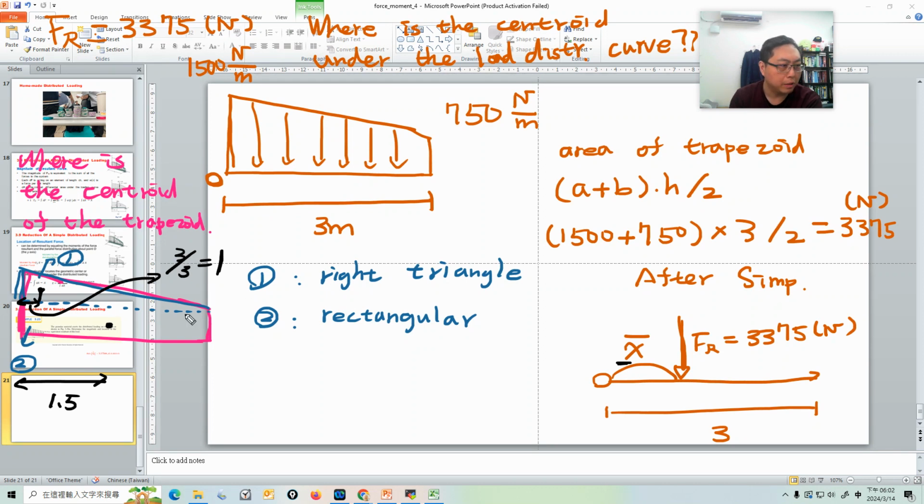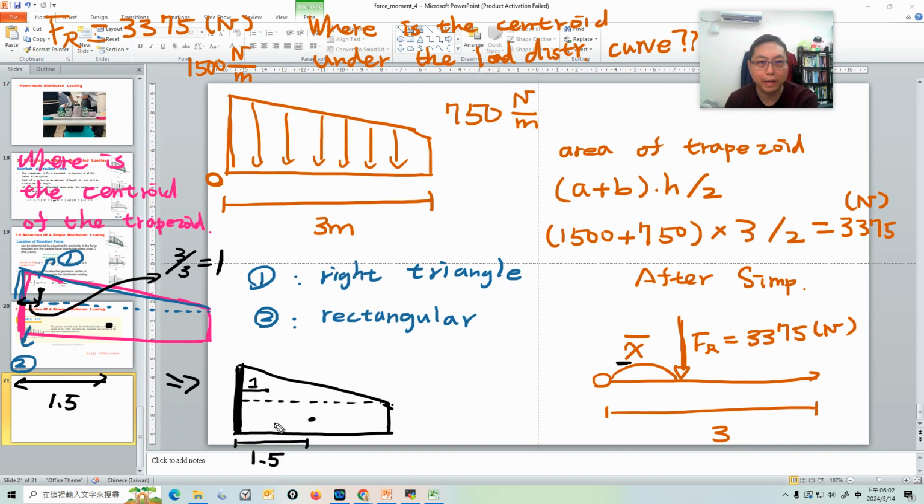That means we can simplify this into the 2 areas, here and here, and this is 1, and this is 1.5.